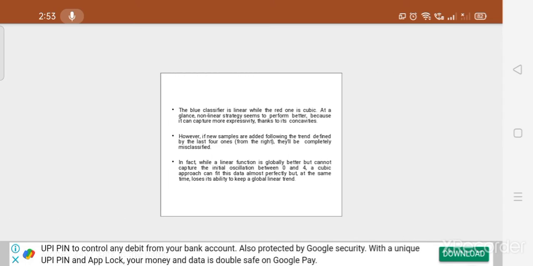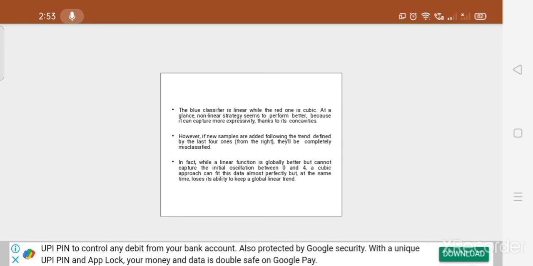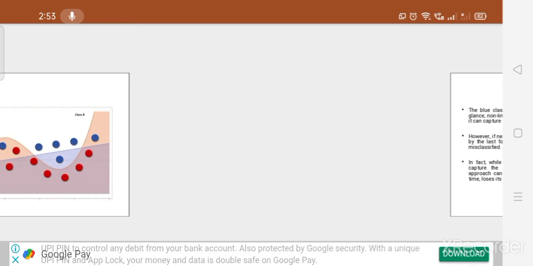At a glance, the non-linear strategy seems to perform better because it can capture more thanks to its concavities. However, if a few samples are added to this data set, following trends defined by the last four from the right, they will be completely misclassified.